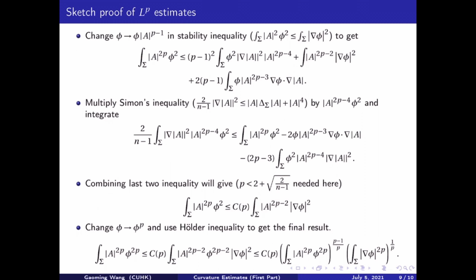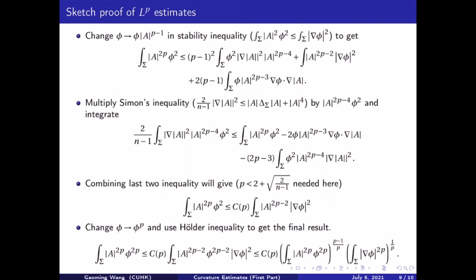In the first step, we can replace φ by φ times A^{p-1} in the stability inequality. The left-hand side is just coming from the left-hand side of the stability inequality. For the right-hand side, you can expand the square term to get the three terms here, including a mixed term.